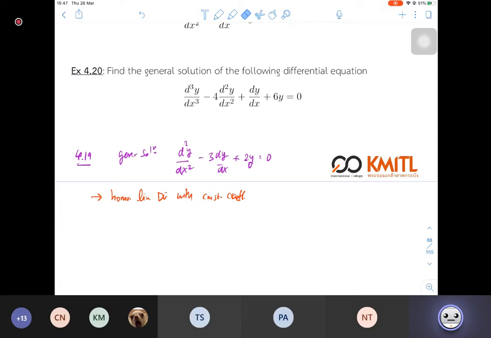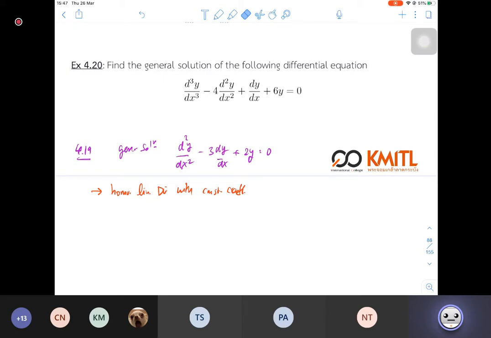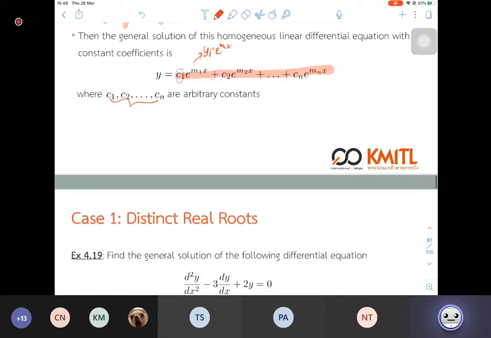Here you have none of those conditions, so it is a linear differential equation. It is homogeneous because the right hand side is equal to 0, with constant coefficients, because you have 1, -3, +2. Those are numbers, so everything is satisfied by the theorem.